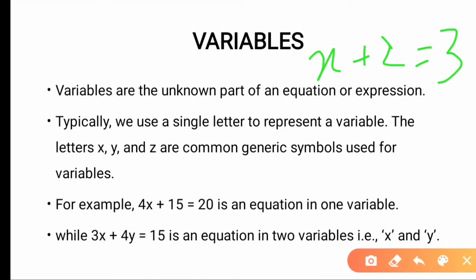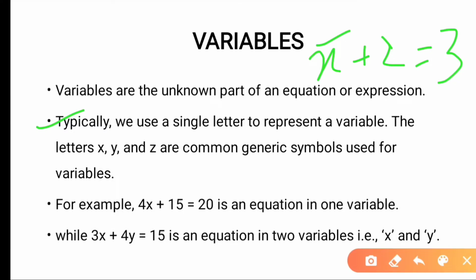Typically, we use a single letter to represent the variable. So here we used x to represent the variable. The letters x, y and z are common generic symbols used for variables. So instead of x, we can use y or z.